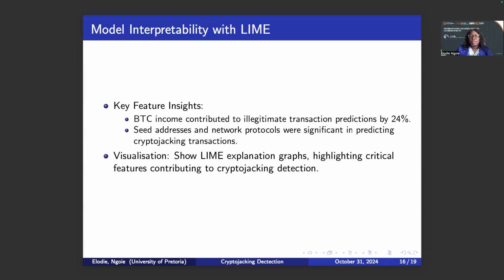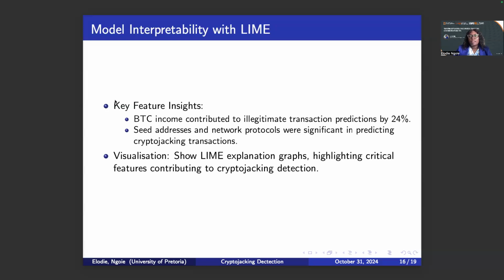For instance, here I would say BTC income contributed about 24% to the predictions of illegitimate transaction. Additionally, we have seed addresses and network protocols were significant in distinguishing cryptojacking transactions. Visualizing this insight helps make our model more understandable and trustworthy.